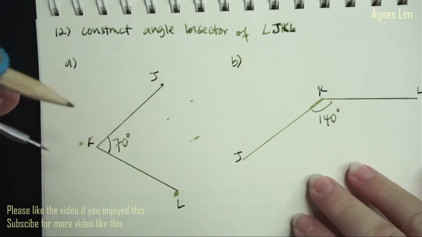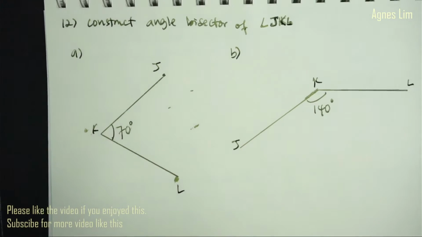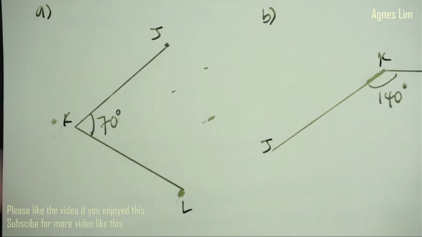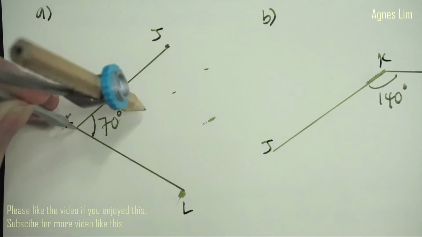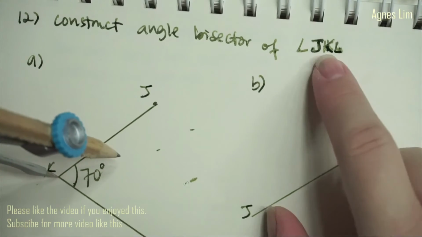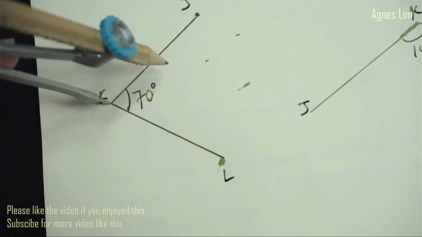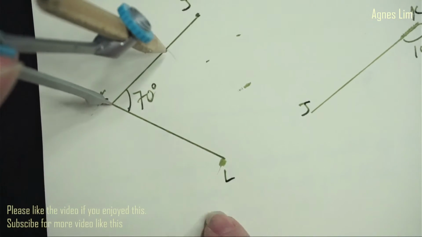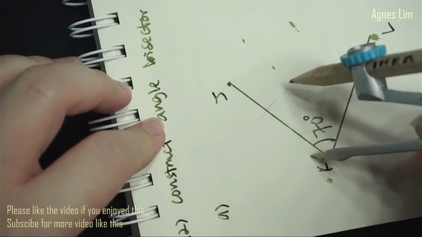Okay, so the angle bisector is very easy. Let me zoom into question A so that you can see clearer. So for the angle bisector, number one, remember, start at whatever is in the middle. So in JKL, K is in the middle. We are going to start at that one, K. If you're not comfortable with this position, you can always change your position.